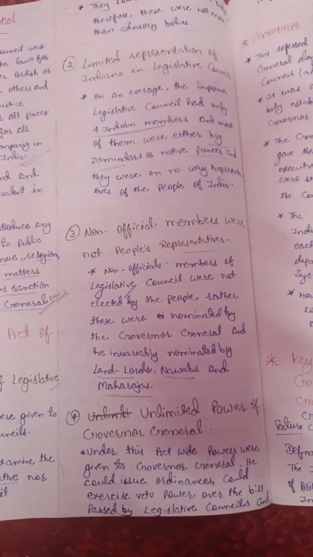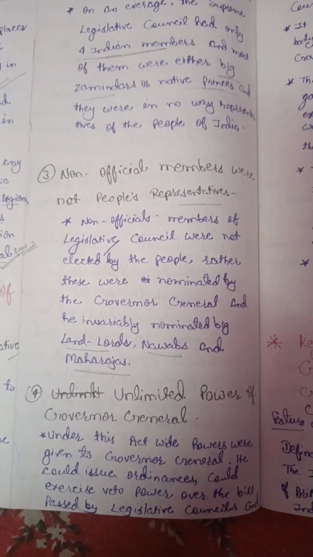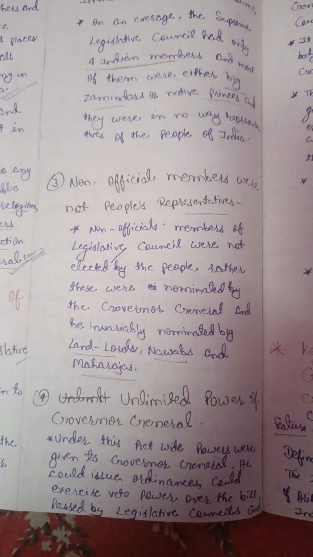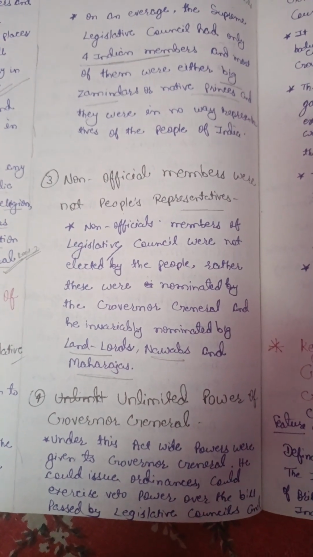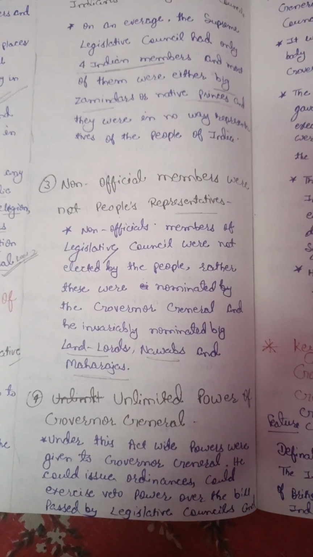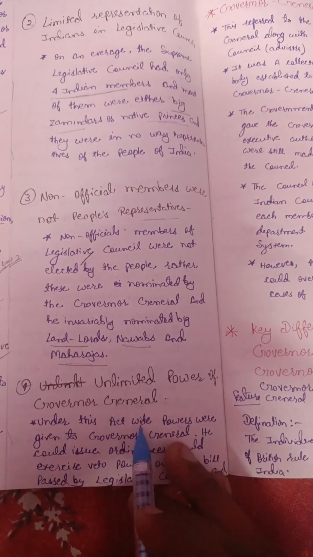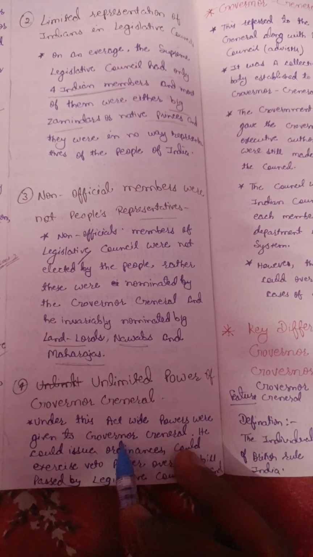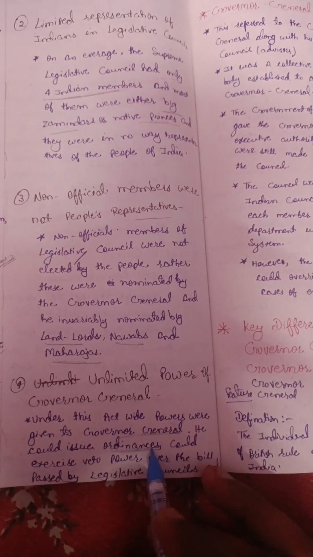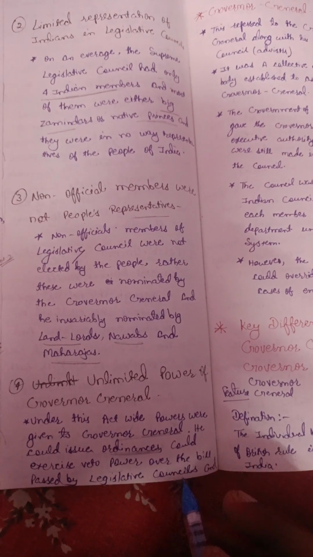The fourth defect was the unlimited power of the Governor General. Though the power was limited and Indian members were elected, their decisions were not as effective as they should be. They could be suppressed by the Governor General. Under this act, wide powers were given to the Governor General. He could issue ordinances, meaning adhyadesh, and had veto power over the bills passed by the Legislative Council.